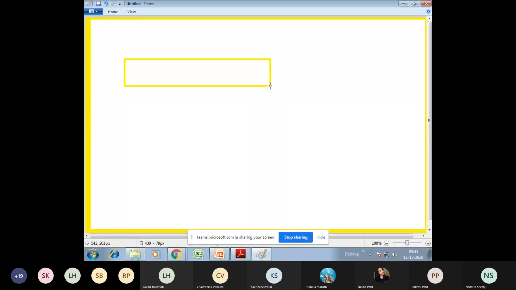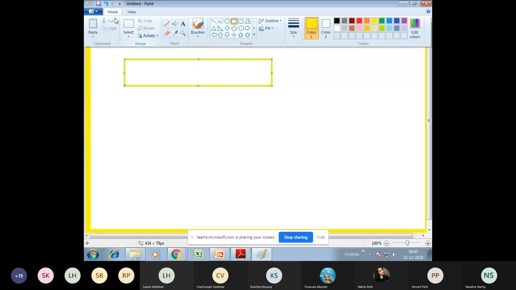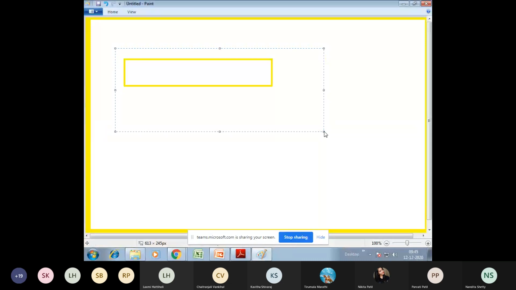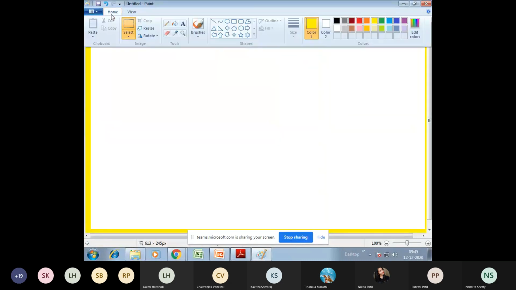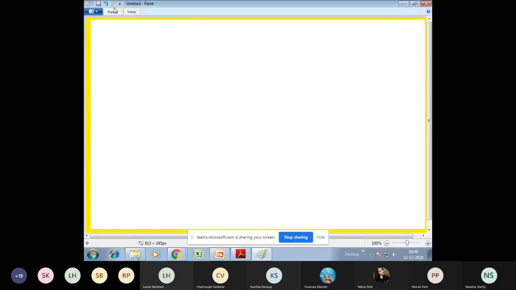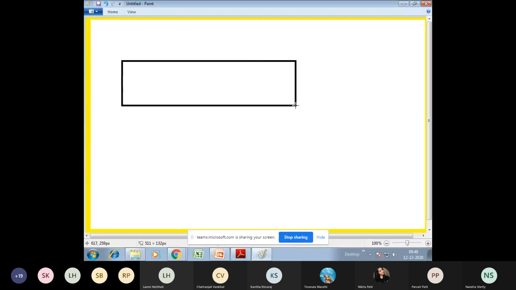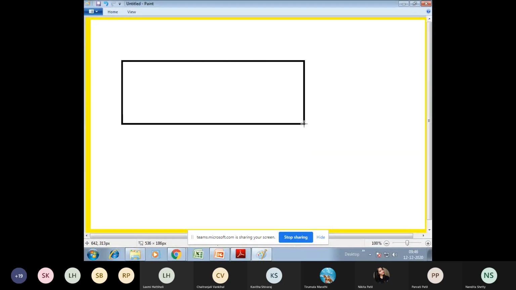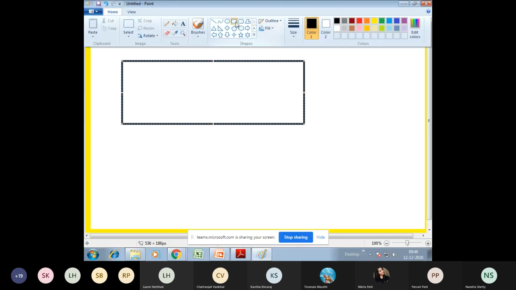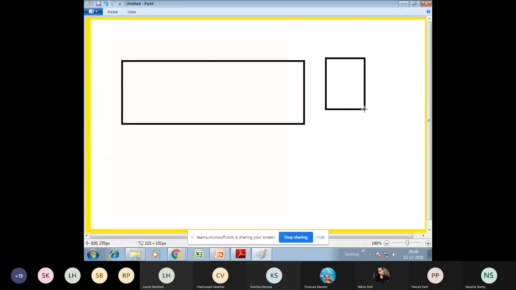I hope this is visible to you, or let me change the color. So this is my longitudinal section of the beam, and let's say this is the cross section of the beam.